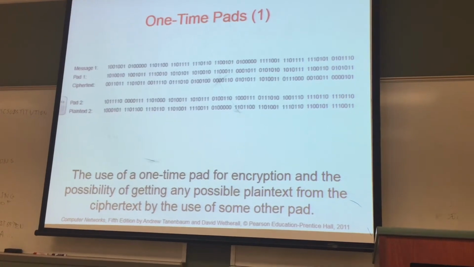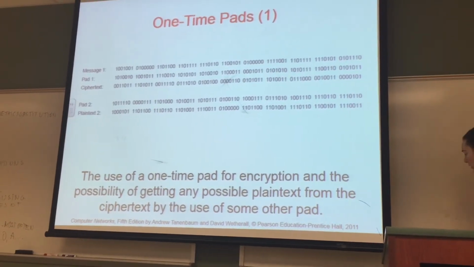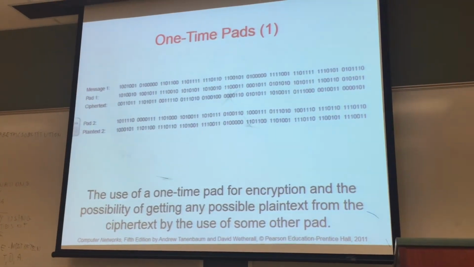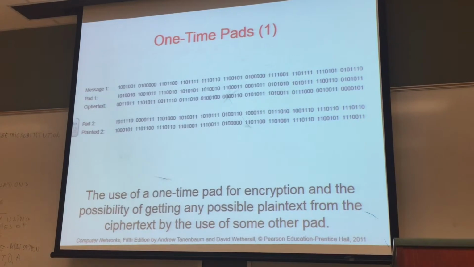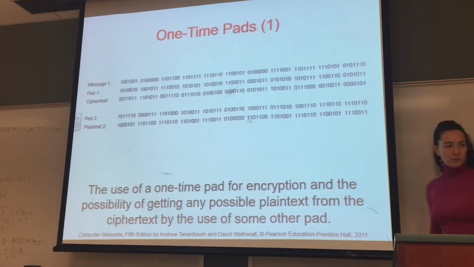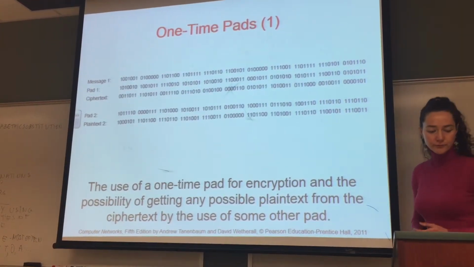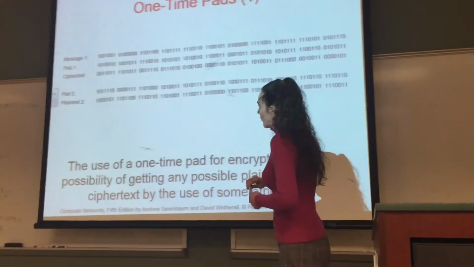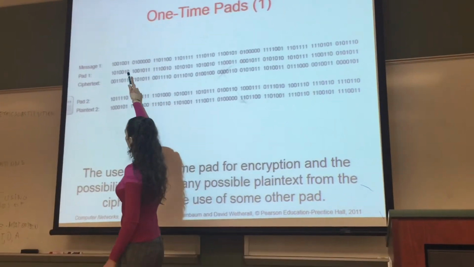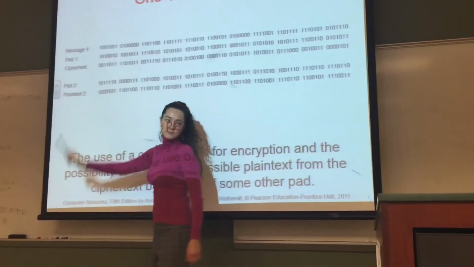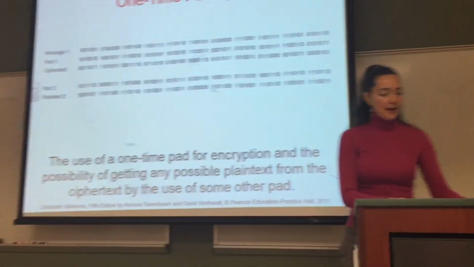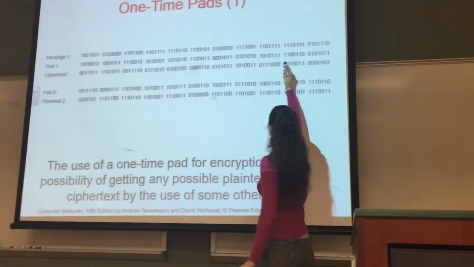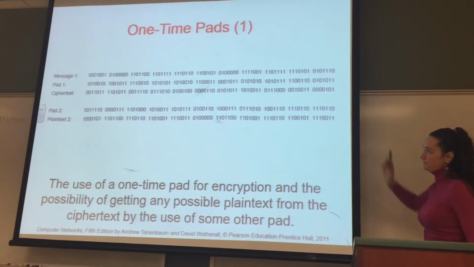ASCII is just the way we encode the keys on the keyboard for English. Every key has an 8-bit code. In this case, this is the code for I. I space. This says I love you, and then it has a period at the end.